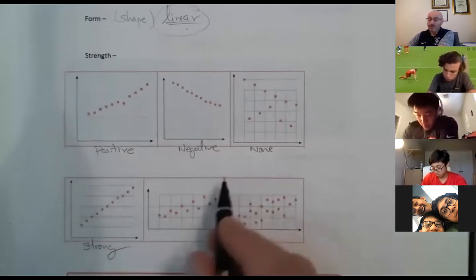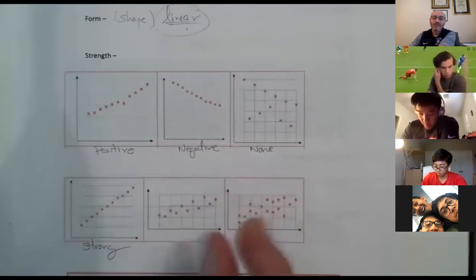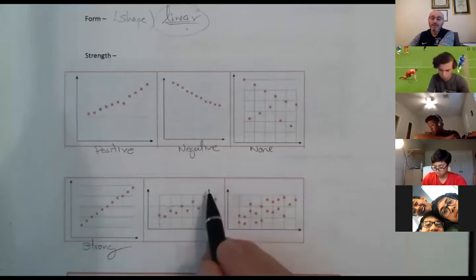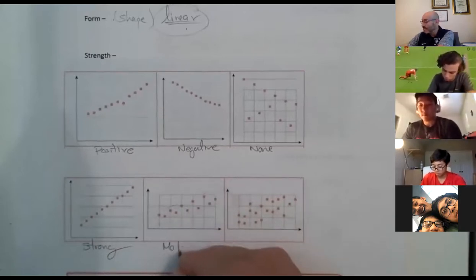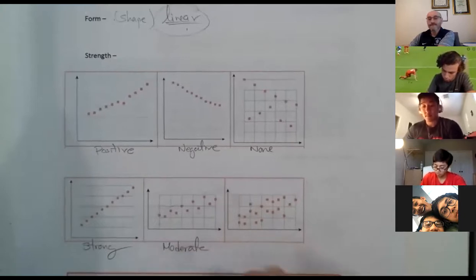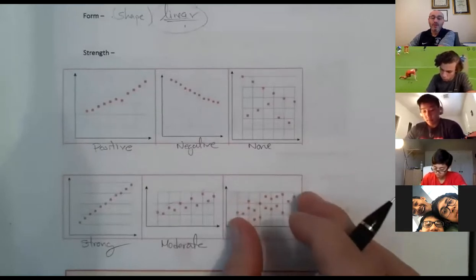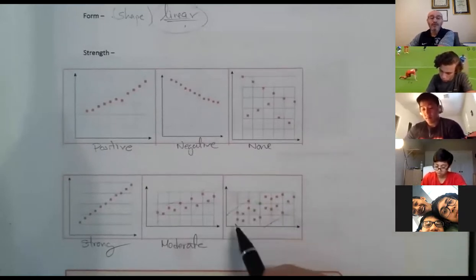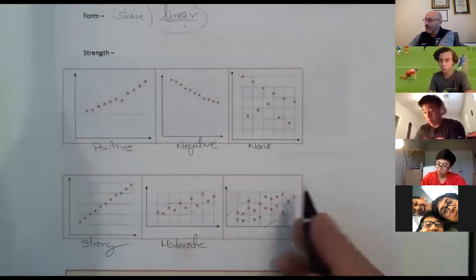This one, we can see that it is going up, right? But the points are not really tied together. So the association is still positive, all right? But in this case, it's moderate. And then this one is really weak. If we kind of draw a line like this or lines like that, we can see that this is going up, right? So this is still positive, but it's really weak.